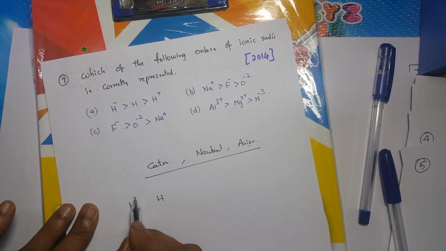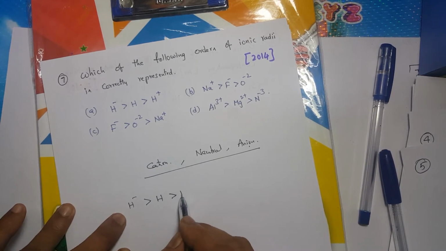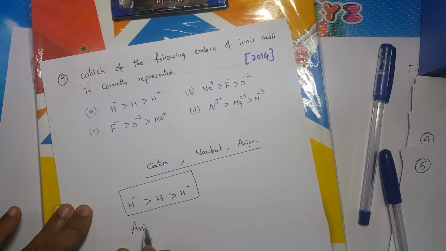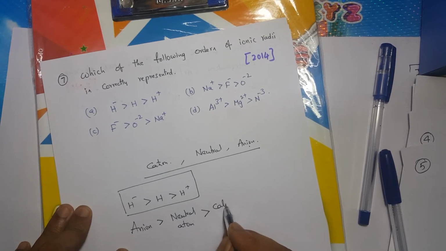That means H minus is always bigger than the neutral atom, but the neutral atom is bigger than the cation. So you have to remember anion first, then neutral atom, and then cation for the same species.